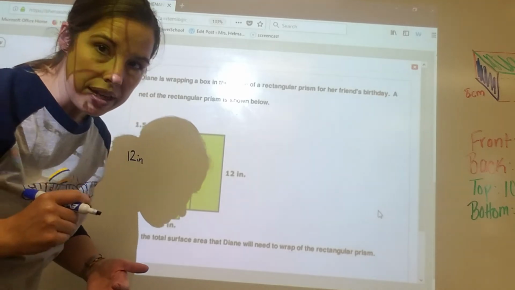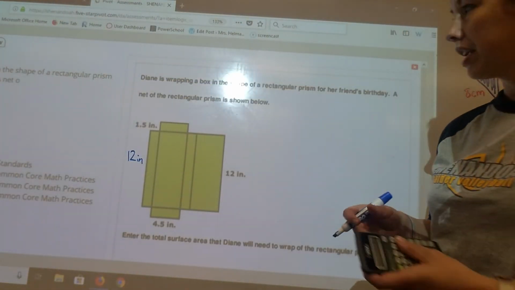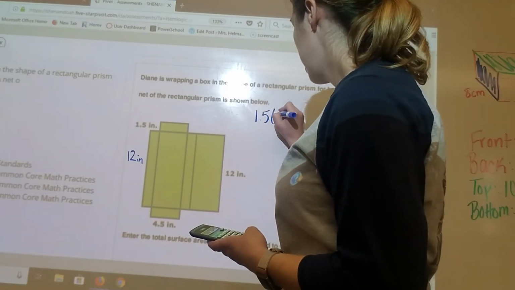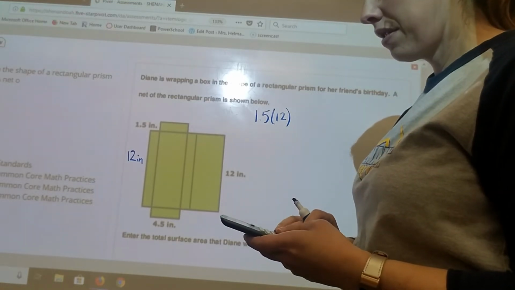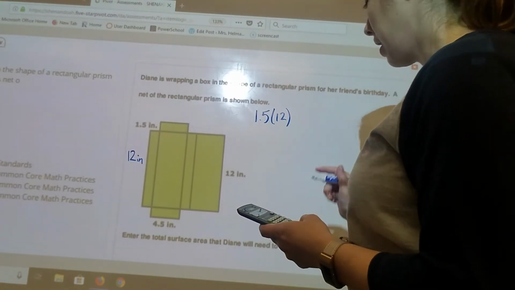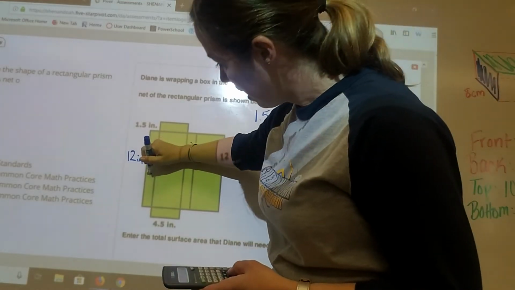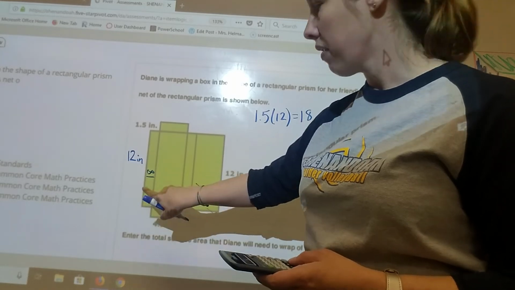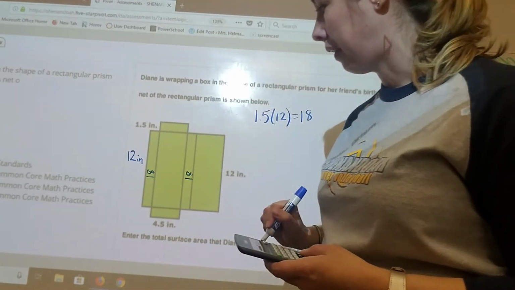So we know to find the area of a rectangle, we take length times width. Okay, so we're going to take 1.5 times 12. All right, and we get 18. So that means this skinny little rectangle here is 18. Well, if you look, this rectangle and this rectangle are equal. So then we know that this one is 18.